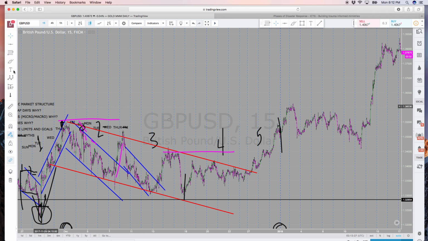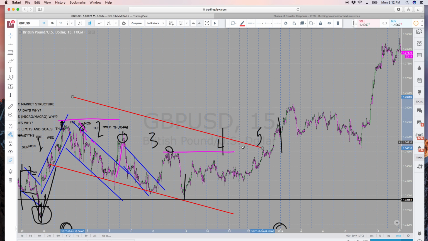The rule of 3, where the dealer creates 3 hits to the trend line, right? And then that apparently validates the trend. Not only validates it, but it gives the retail traders a structure to work with.